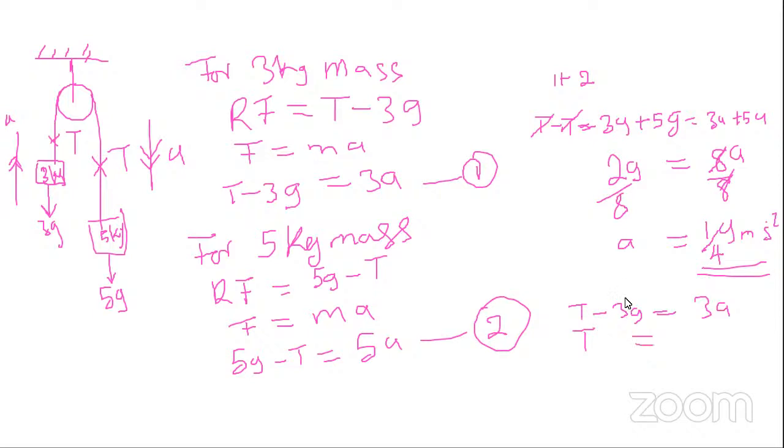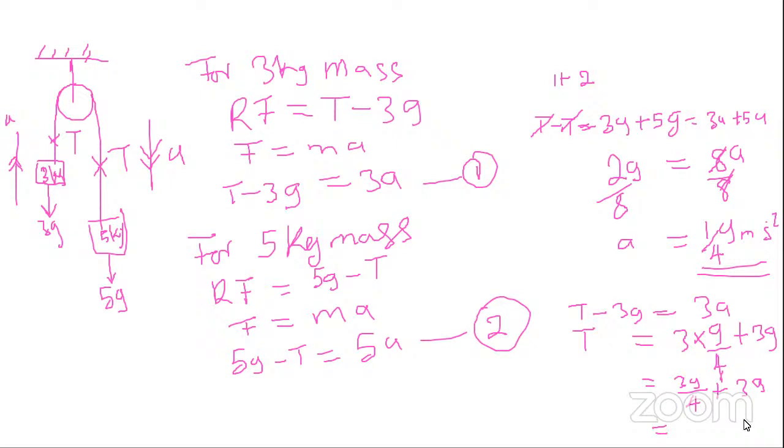So T is 3 times the acceleration, which is g over 4, plus 3g. So this will be 3g over 4 plus 3g.